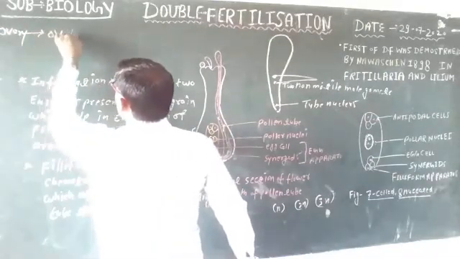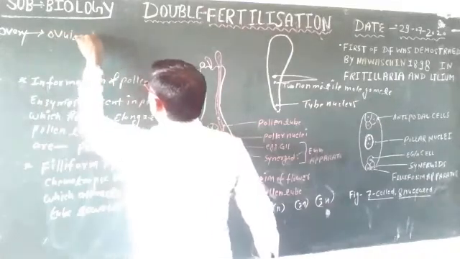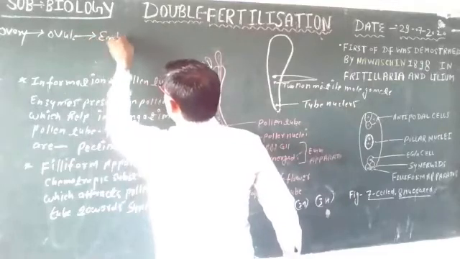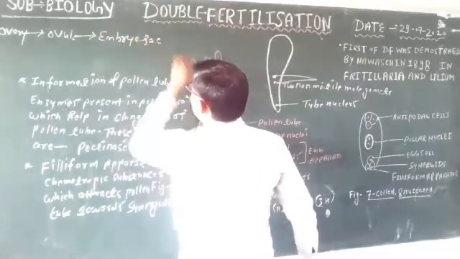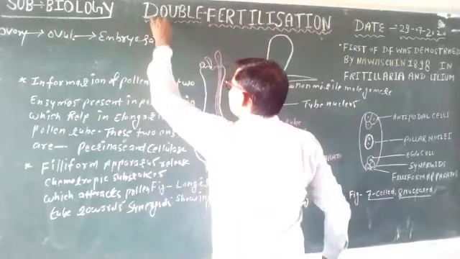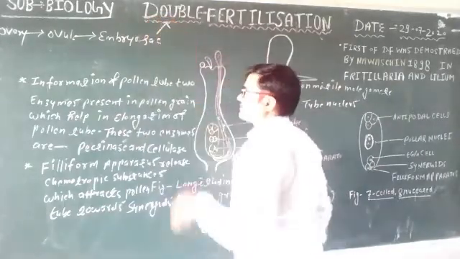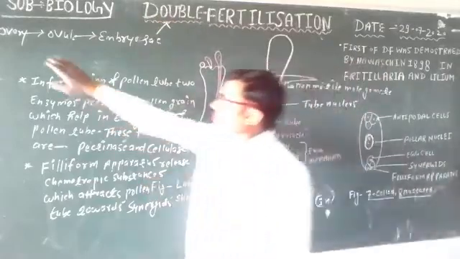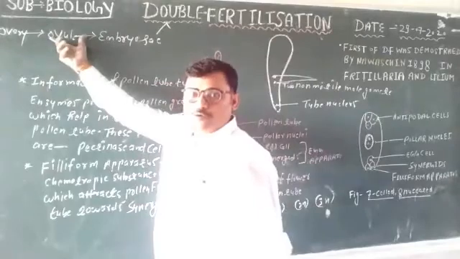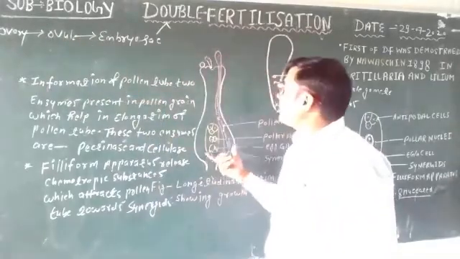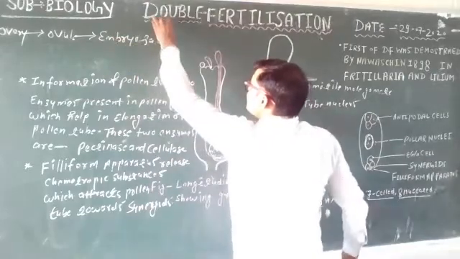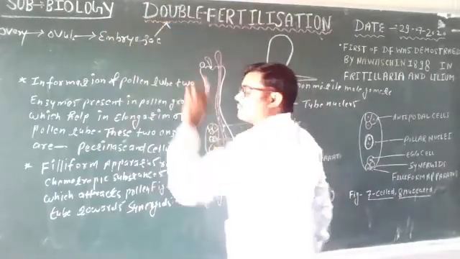Listen here, inside the ovule is the embryo sac. As you know, the embryo sac is the site of double fertilization.